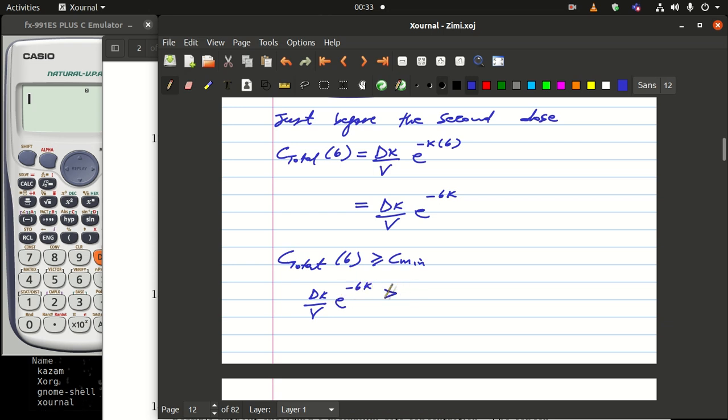We want to make sure that it is way above C min. And then if I'm solving for D here, I want to make sure that my D is going to be greater than or equal to, I'm going to cross multiply, so I will end up having V times C min. Let me rewrite this a little bit down.